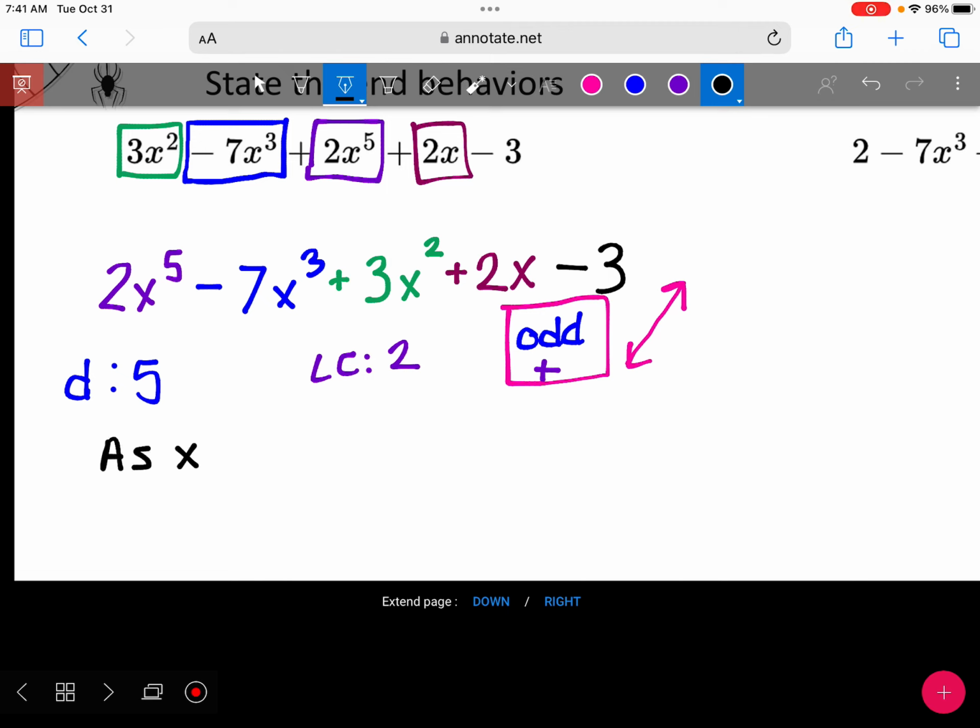As x approaches negative infinity, y approaches what? Negative infinity. And as x approaches positive infinity, y approaches positive infinity. Good.